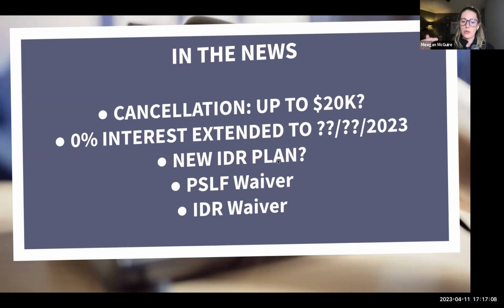Your interest is accruing on the balance, so your balance is growing over time. Now, REPAYE already has a subsidy. 50% of that unpaid interest is waived. But this new plan that they're proposing would waive 100% of that unpaid interest. So you could really be making interest only payments and your balance would never increase or grow.